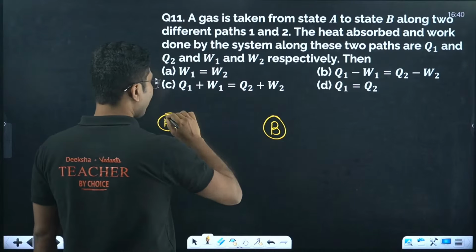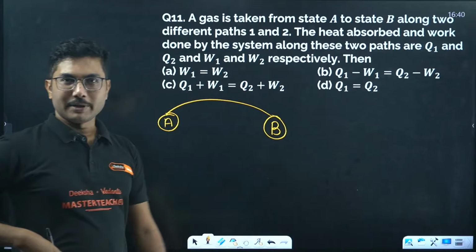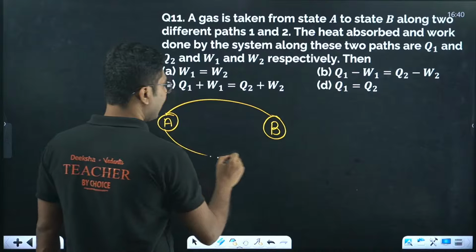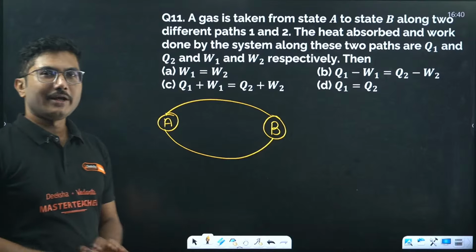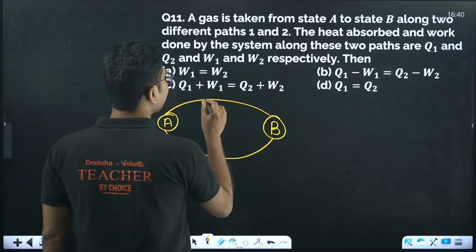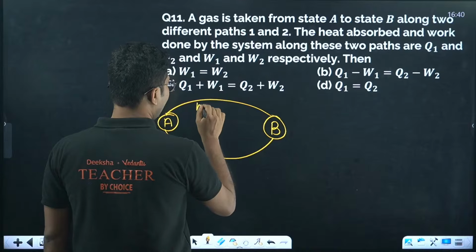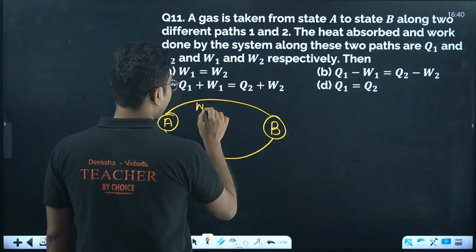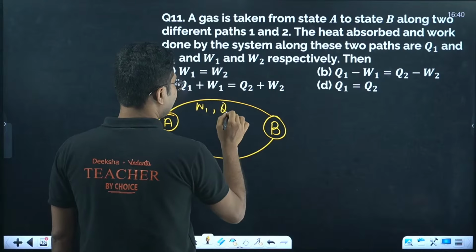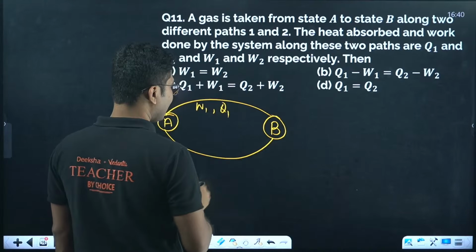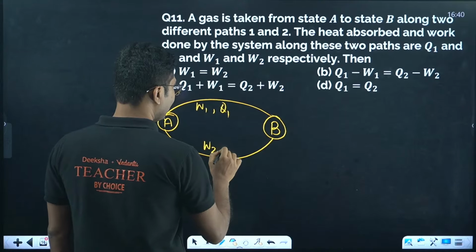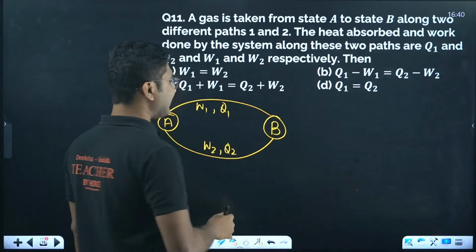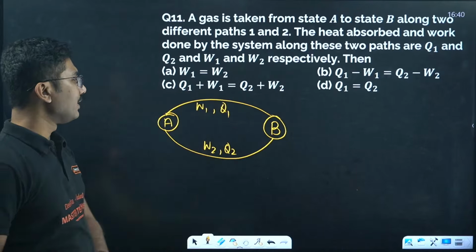You went to college one day via metro, next day via bus, okay, and suppose the work done is W1 and the heat that you supplied is Q1, and this is W2, this is Q2. Now it asks what should be the relationship between these two.